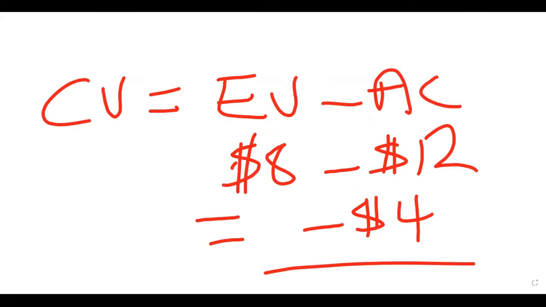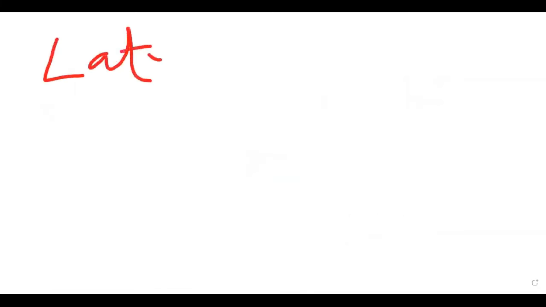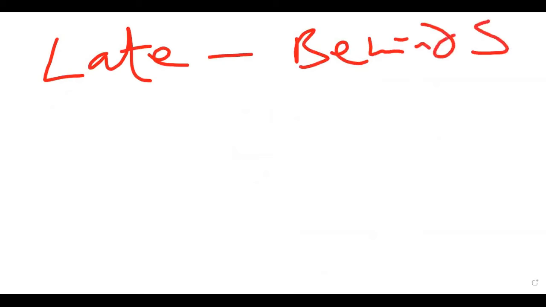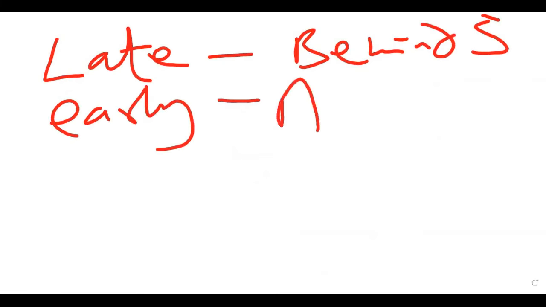So you've got to be specific with the over budget, behind schedule, under budget, ahead of schedule mantra. Just remember, if you are late, you are behind schedule. If you're early, you are ahead of schedule.